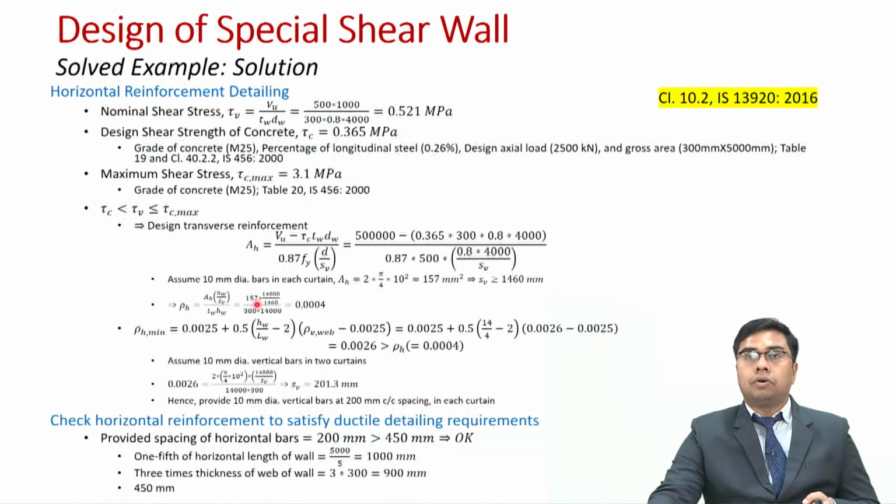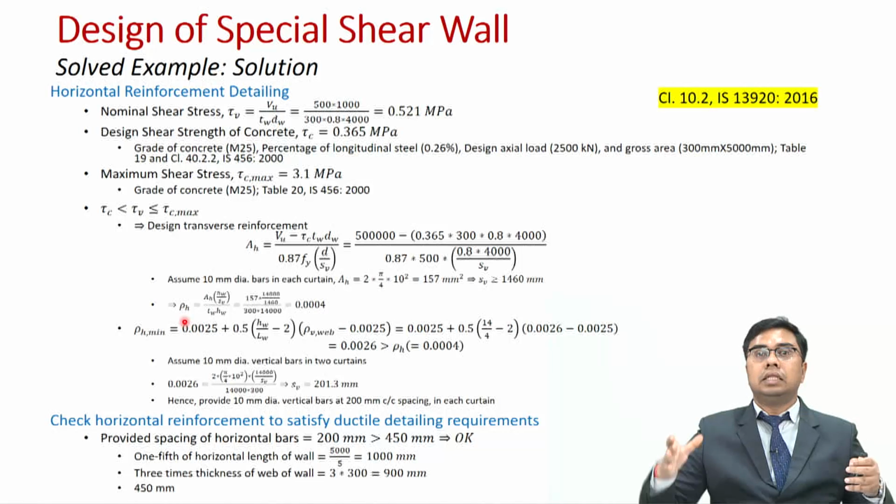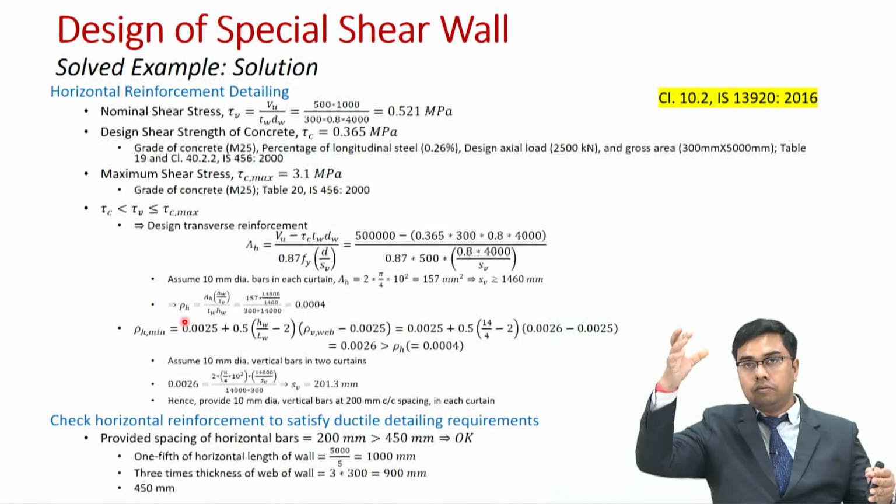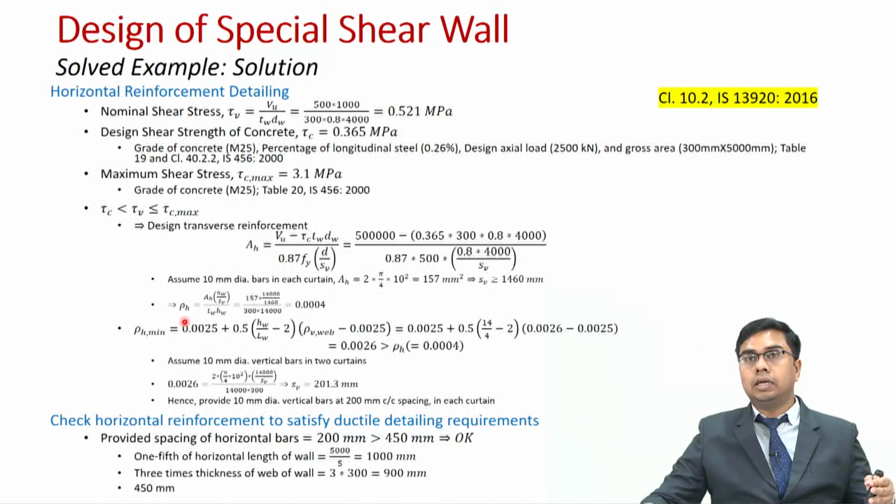For this, if you calculate the value of rho h, that is the total steel area divided by the cross sectional area, in this case since we are dealing with horizontal reinforcement, the cross sectional area shall be from the side, that is thickness of the wall multiplied with the height of the wall.